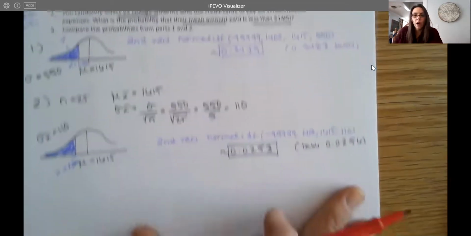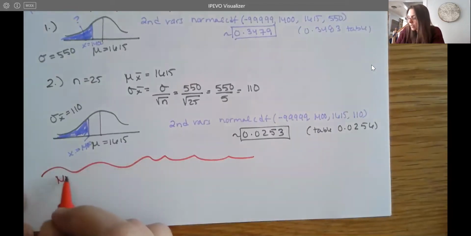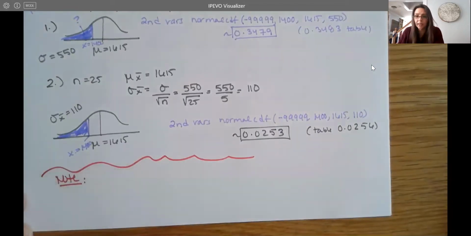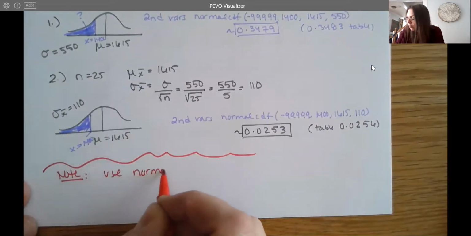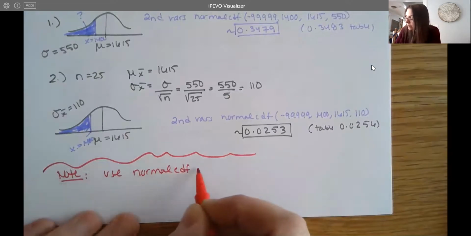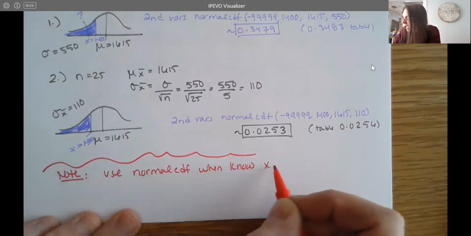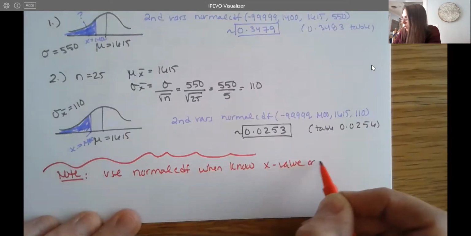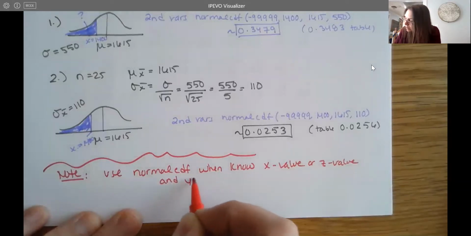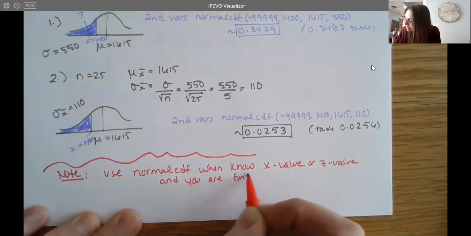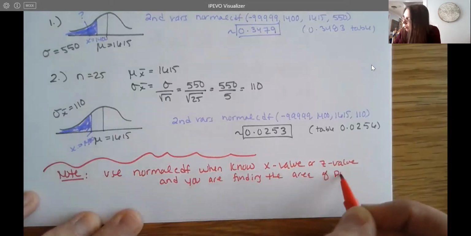All right, so one last thing I want to note, and this is just kind of like a side note I've been thinking about as I've been going through this lecture. For those of you using technology, you're going to use this normal CDF function when you know the X value or Z value, and you are finding the area or probability.